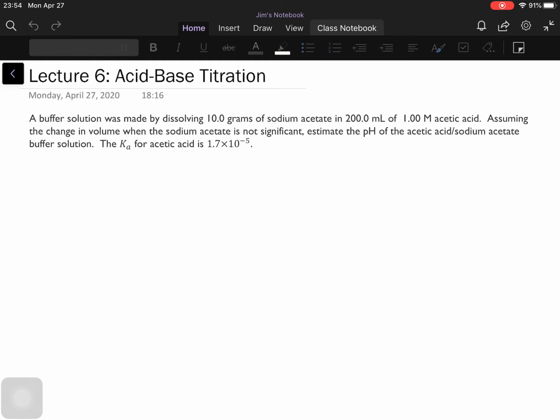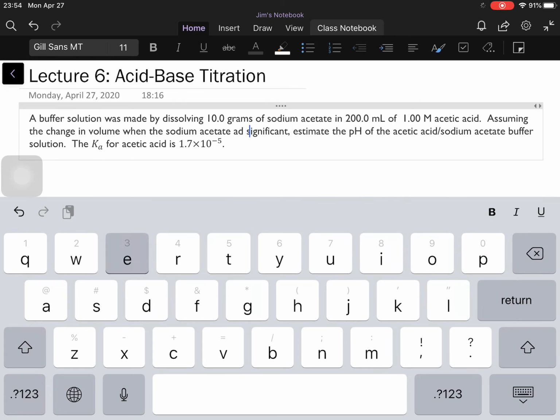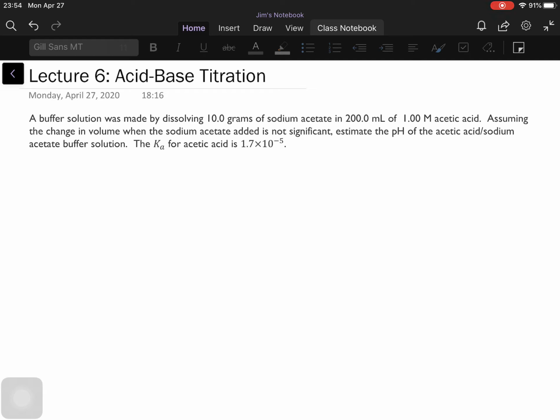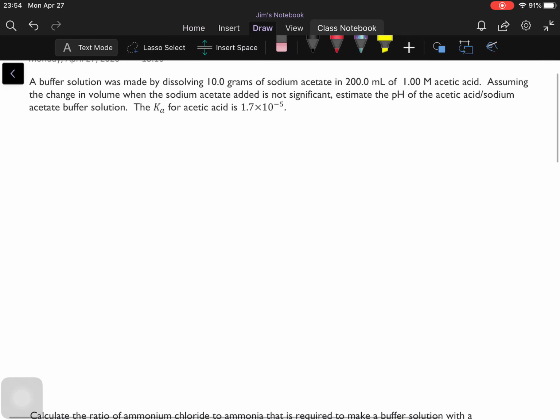The sodium acetate is added. Estimate the pH of the acetic acid-sodium acetate buffer. So we're asked what is the pH of the buffer solution that we have here.